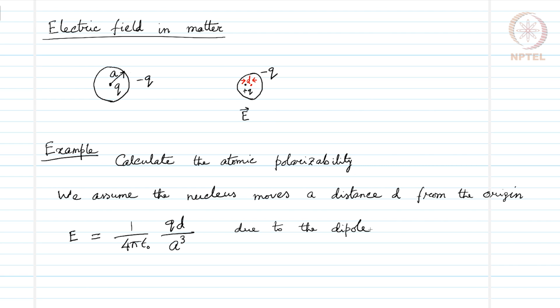So we can write in terms of dipole moment. Let's write down the dipole moment corresponding to this. The magnitude of the dipole moment can be written as P equals q times d. And if we now express this dipole moment in terms of this electric field, we can write it as 4 pi epsilon naught a cubed times the electric field that we have.